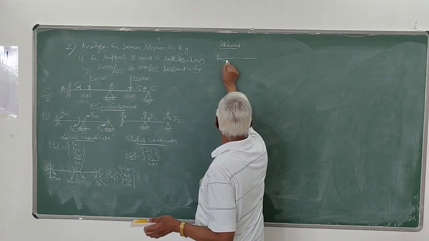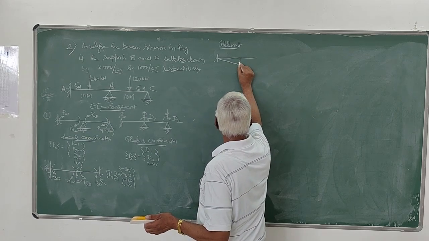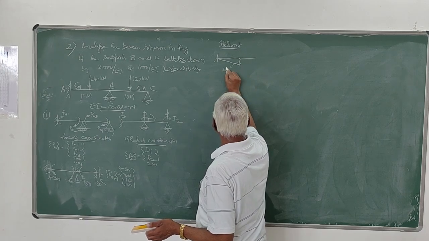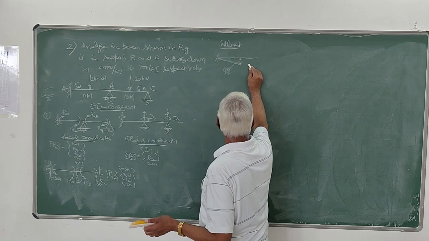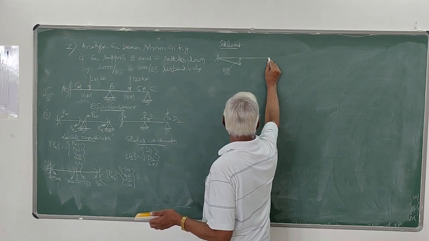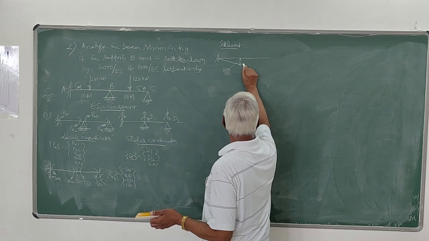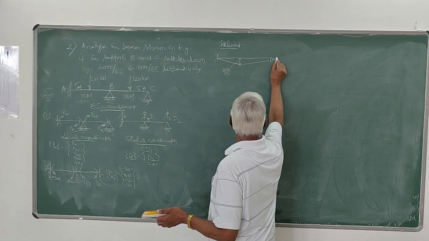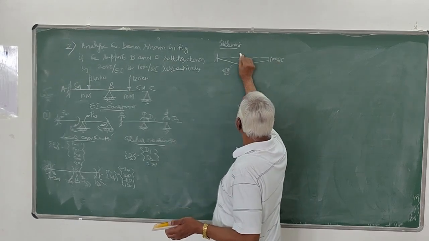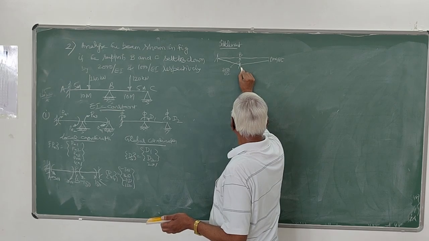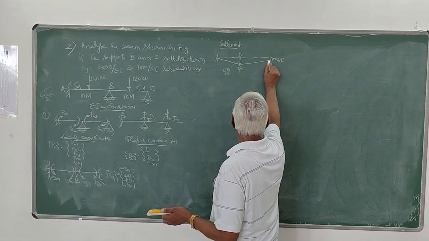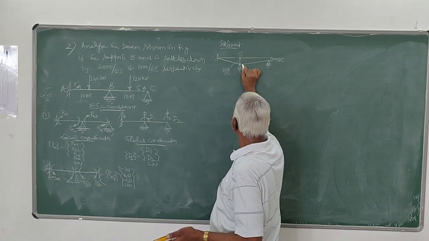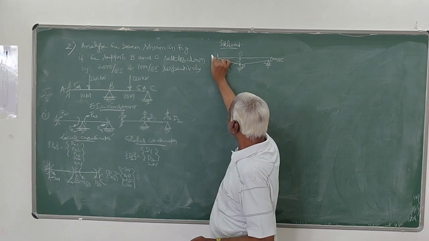The settlement of support B settles down by 2000 by EI units, and this settles down by 1000 by EI. That means it has come down here, this has come down here. A, B, now B is here, C is here, E is here.